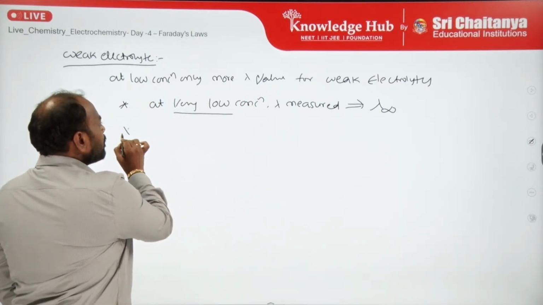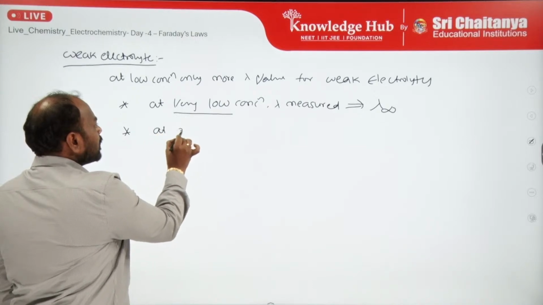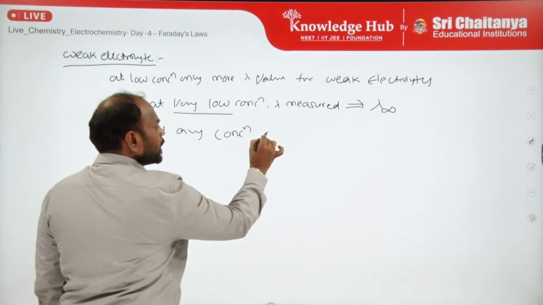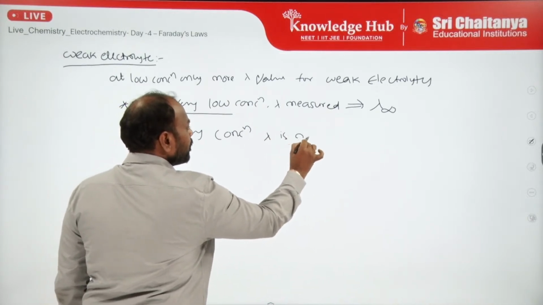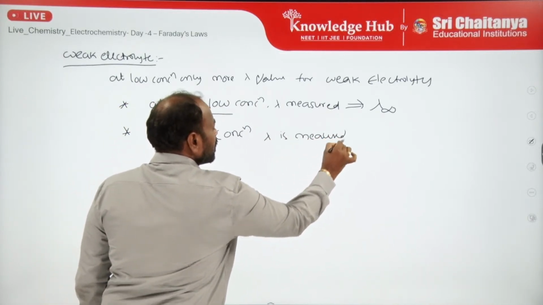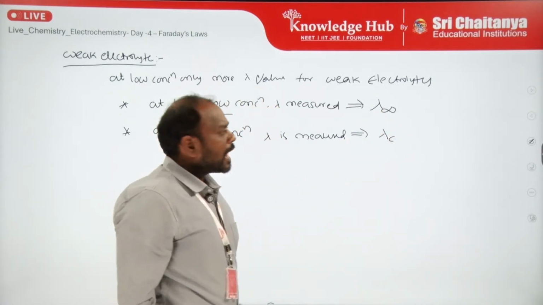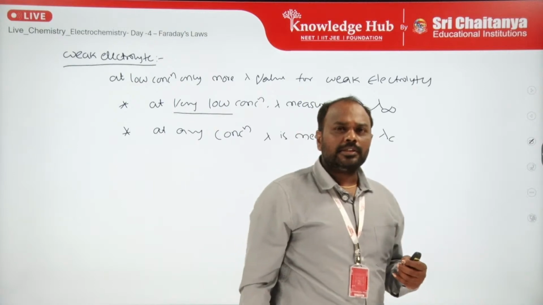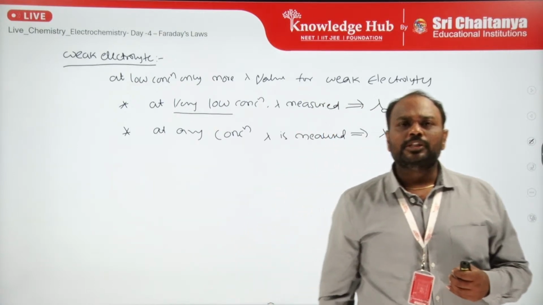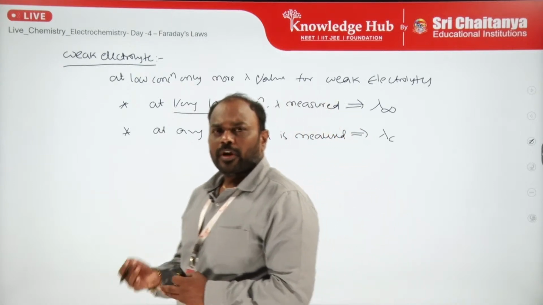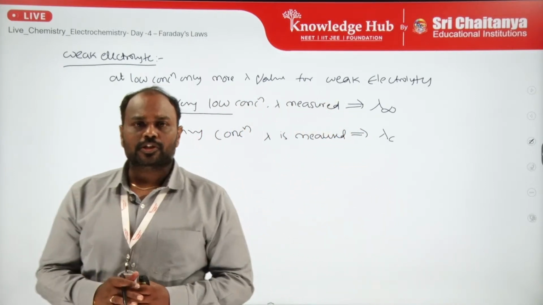Suppose lambda value is measured at any concentration, that is known as lambda c. Lambda c is nothing but lambda value measured at any concentration. Lambda infinity is nothing but lambda value measured at very low concentration.